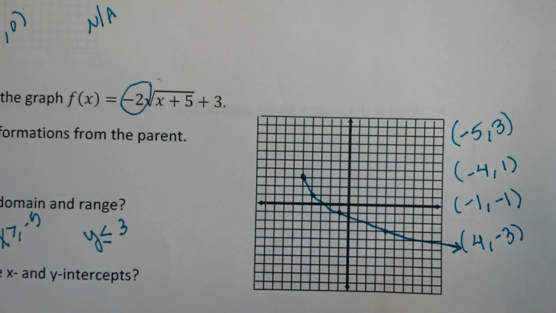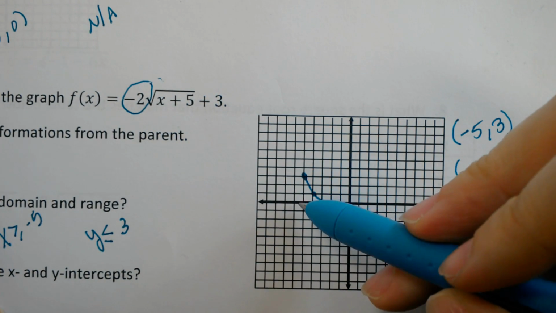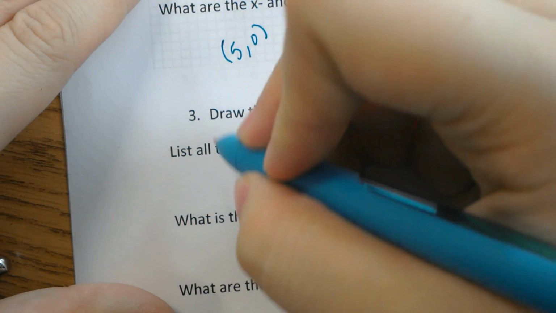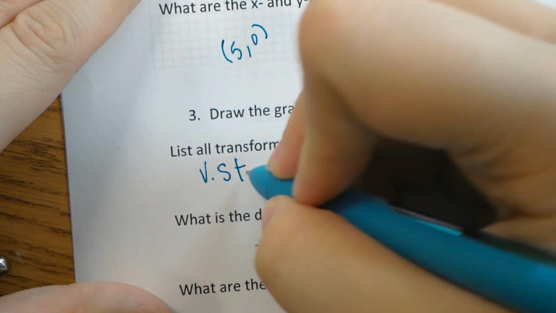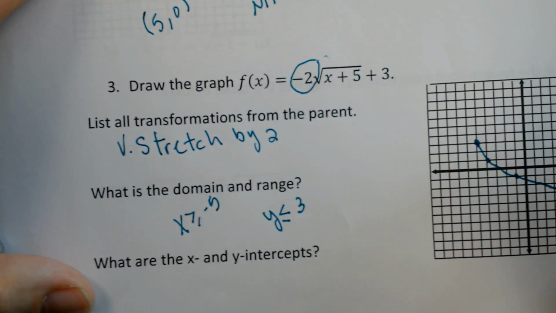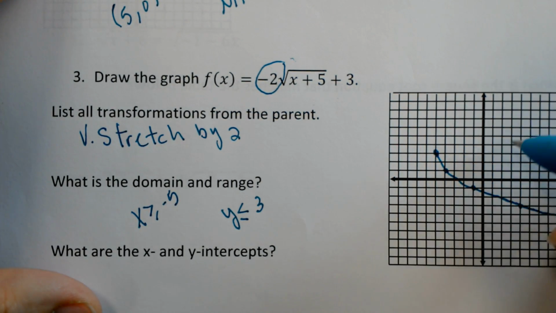Here, there's a difference of 2 and 1. So there's a stretching. So it's a vertical stretch by 2. The fact that it's upside down now, that's a reflection.